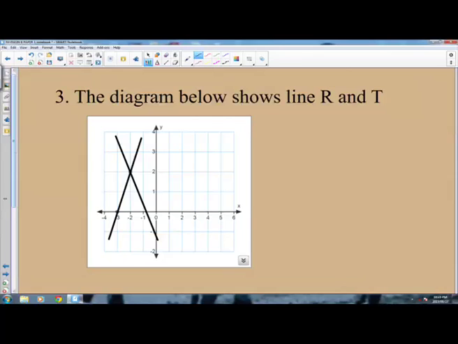The diagram below shows line R and T. These are supposed to be labeled as R and T. So if this line is R, this one will be T. So these are the lines that we are having.